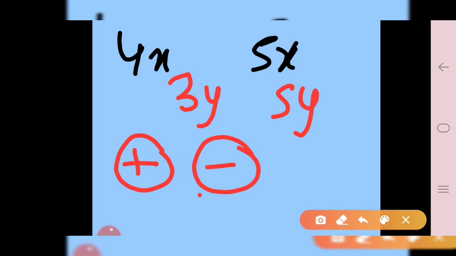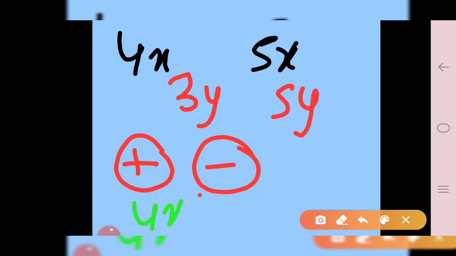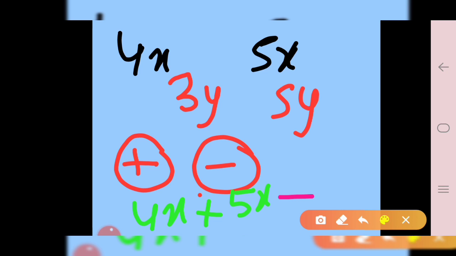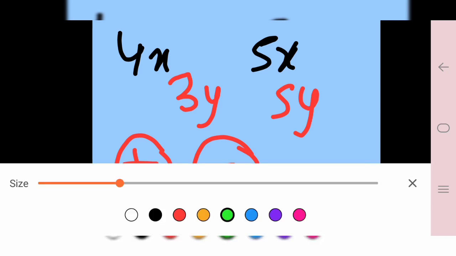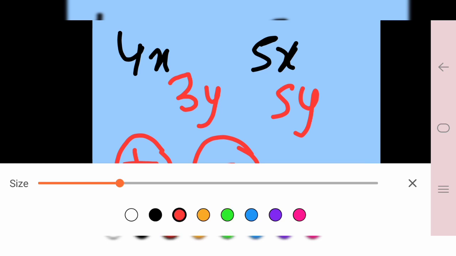Now it's all up to you how you join it. So let's suppose I have taken 4x plus 5x. Now I'm going to change the color. Minus, let's take orange.